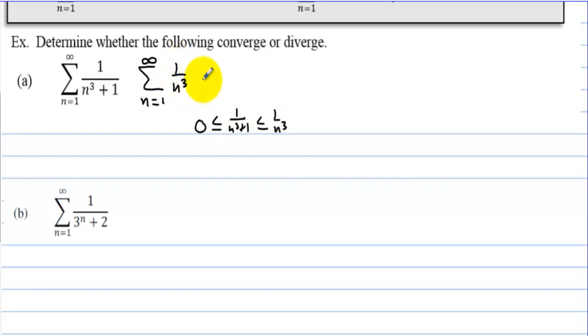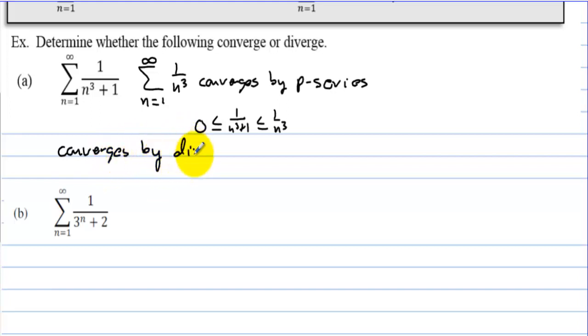This is a bigger denominator, so it'll be a smaller value. And 1 over n to the third converges by p-series. So the original converges by direct comparison test.